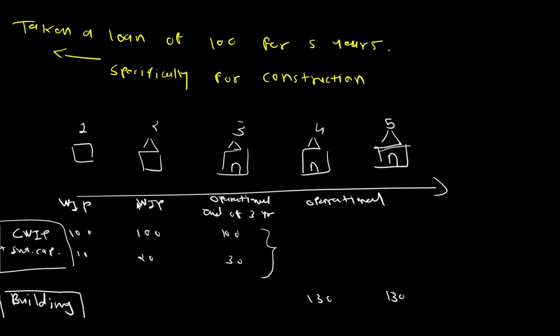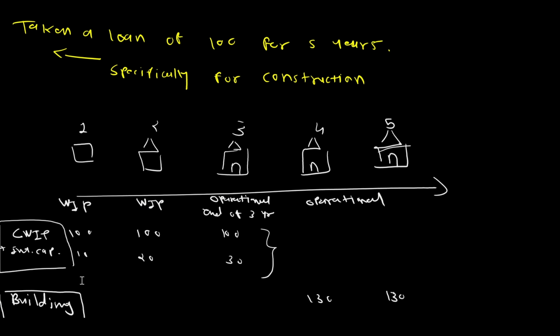Second year, it's also in work in progress, and at the end of the third year, it becomes operational. I have 100 rupees of loan, and I need to pay interest on that loan also.